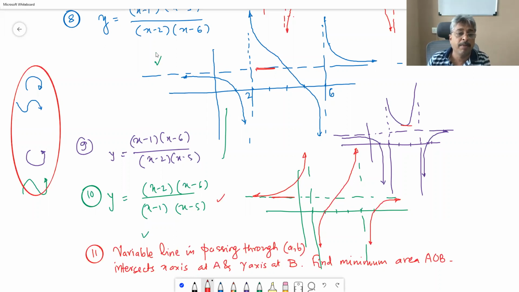It is a word problem, but I am giving it now because I expect you to draw some graphs for solving this problem.